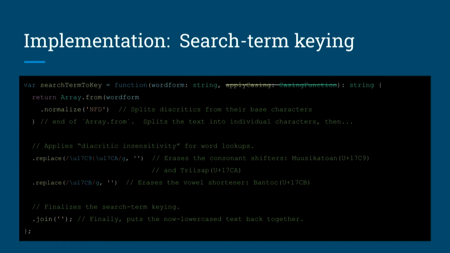So users will tend to ignore this when lazy. So let's strip it out for the keyed version, for the version that's actually used for lookup operations. Then as a user types, let's also strip it out there too. If the stripped down version of both what is in our dictionary and what the user typed match, this is probably a good suggestion. Let's use it. Then, as far as case sensitivity is concerned, what was their initial case? Cool, let's apply that too.